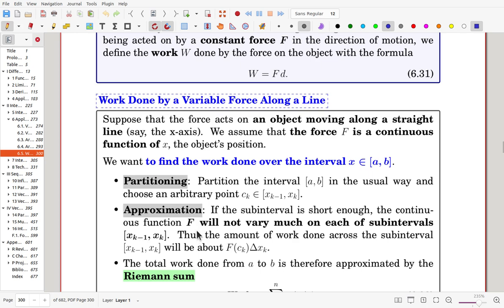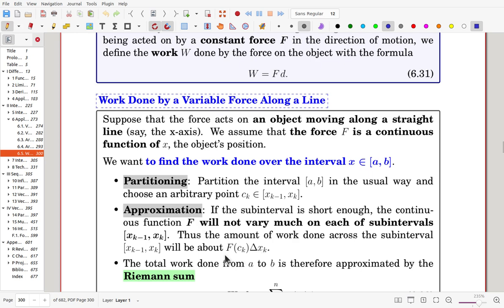Now, because f is continuous, in a small subinterval f will not vary much. So we may approximate the force by a constant evaluated at c_k, f(c_k), times the distance Δx.